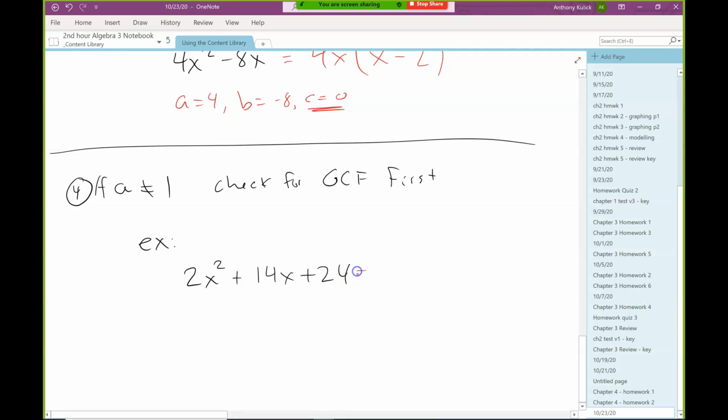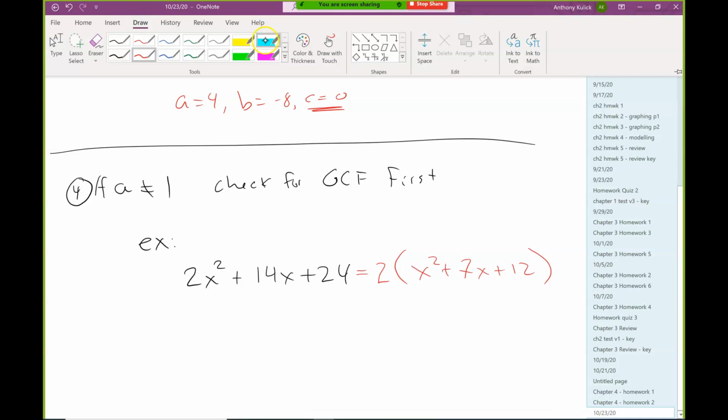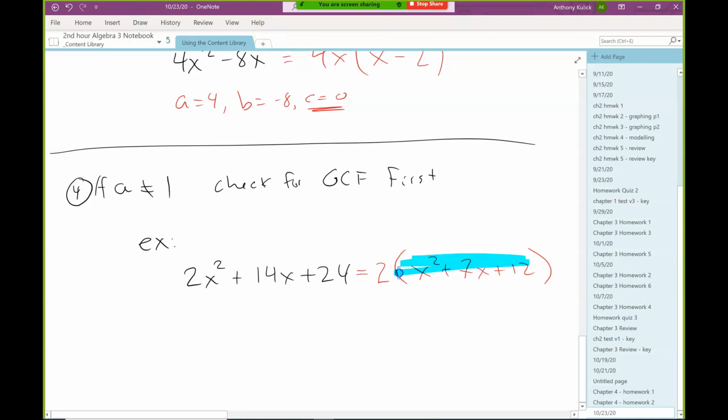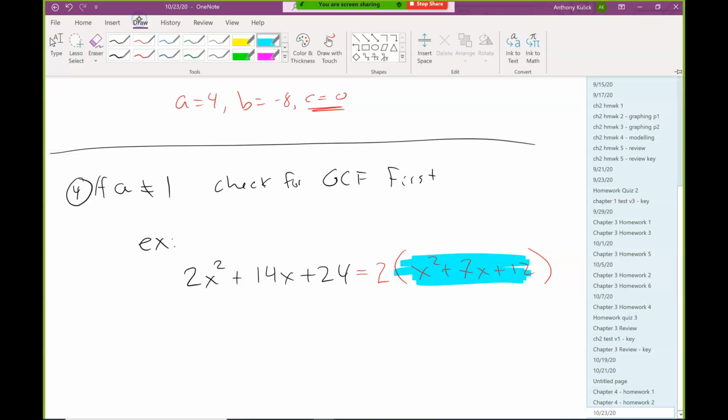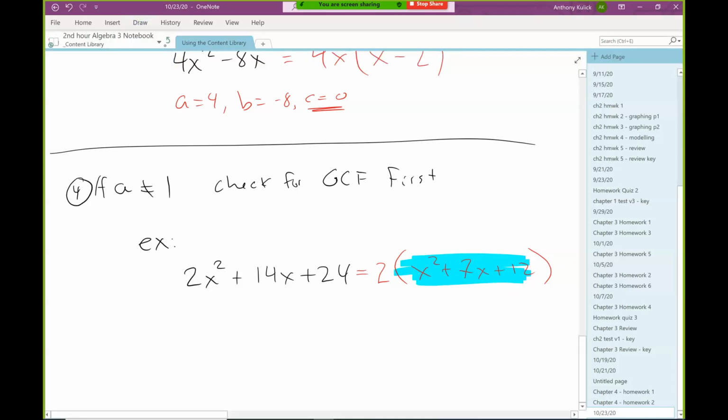So we could begin by taking a greatest common factor of 2 out. And now if you look at the quadratic that we have left, what do you notice has happened here? The value for A is now 1.